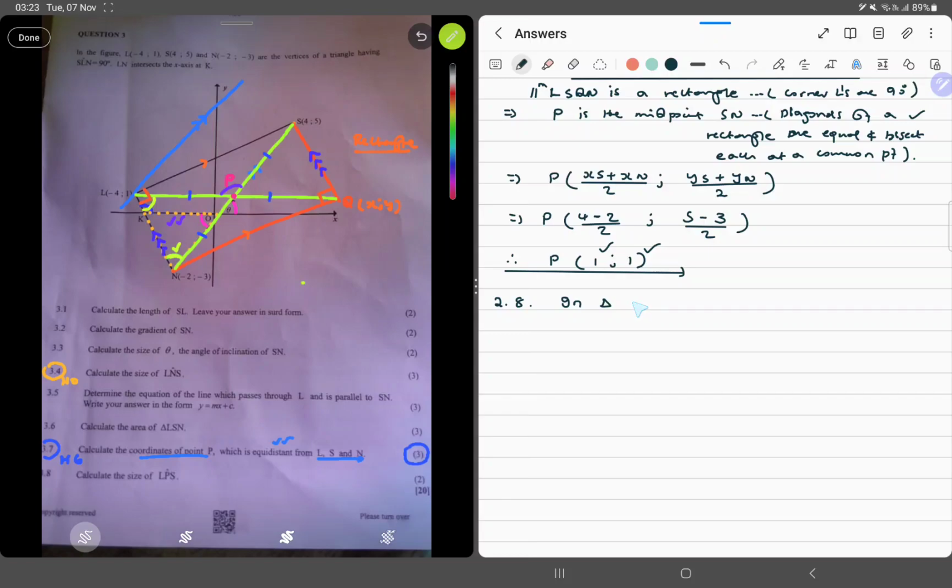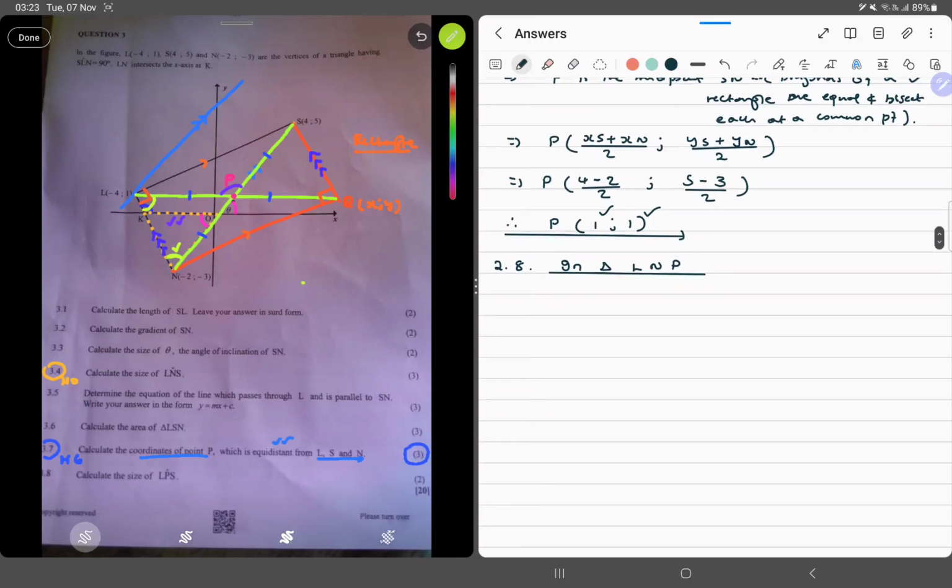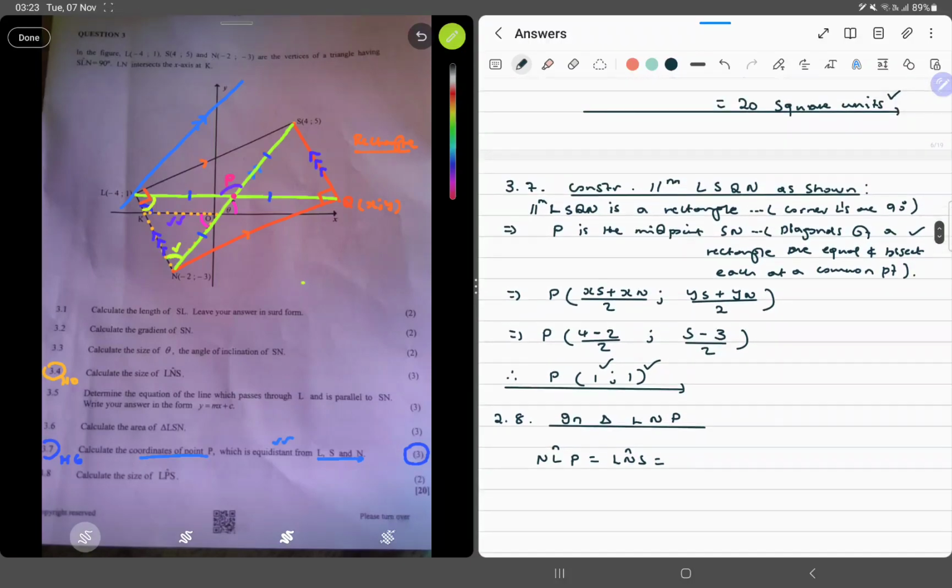So we can just simply say in triangle LNP, what can we say in that triangle? We know that essentially angle NLP is equal to angle LNS, equal to, what did we get?